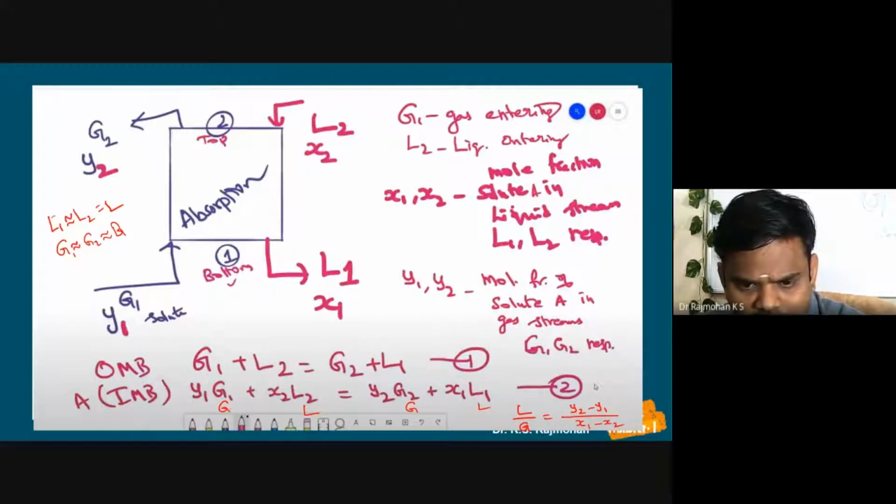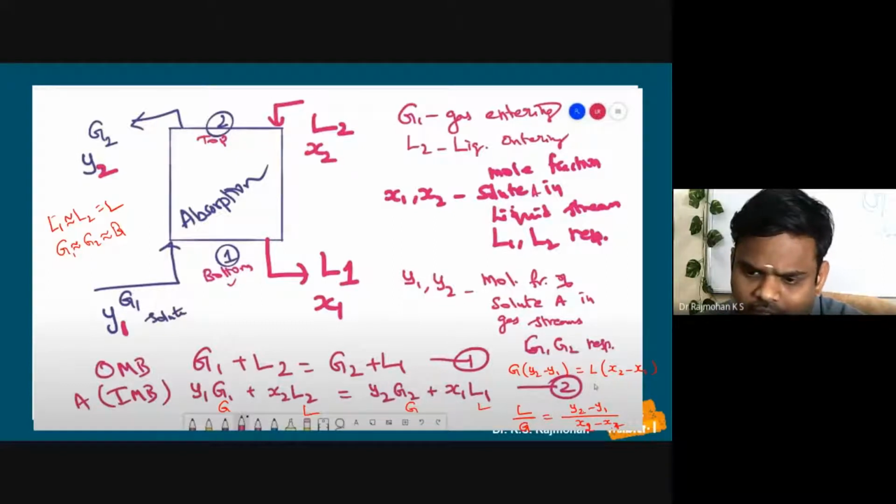Let's see: if you take the G terms to the right hand side, we get G into y2 minus y1 equal to L into x2 minus x1. Therefore L by G is equal to y2 minus y1 by x2 minus x1, and we know that y1 is greater than y2 because some amount of solute is transferred from gas to liquid.